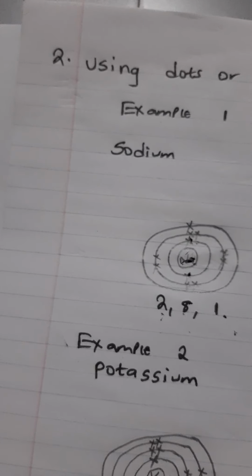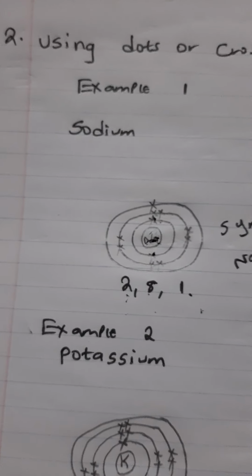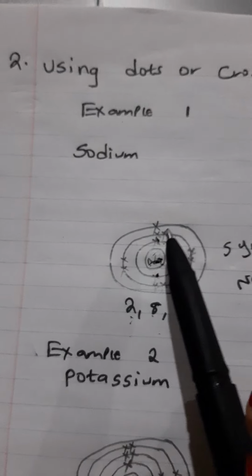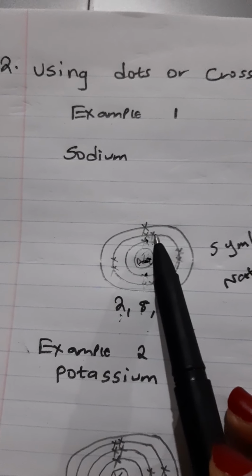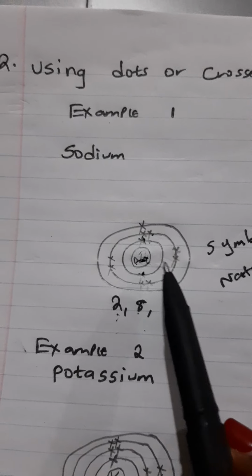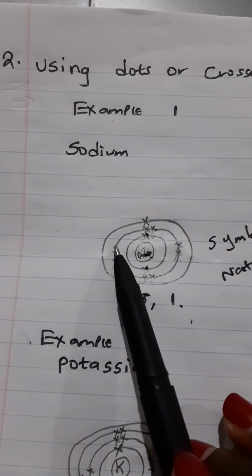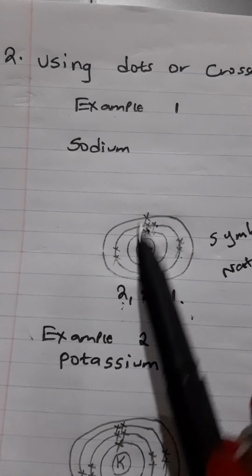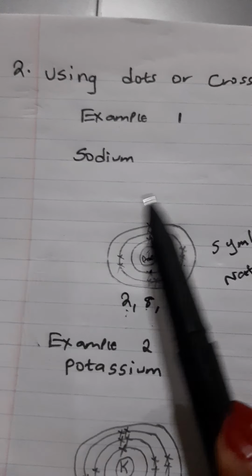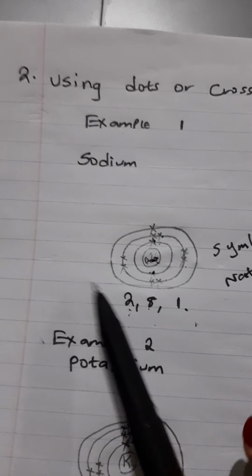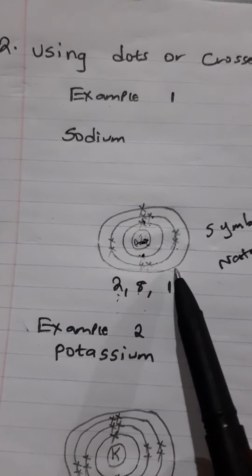Then for your work to be organized, it is good you pair up the electrons. So I have 1, 2 in the second shell, 1, 2, then I have 3, 4, 5, 6, 7, 8. So my second shell has 8 electrons. And what about my last shell? My last shell has 1 electron.